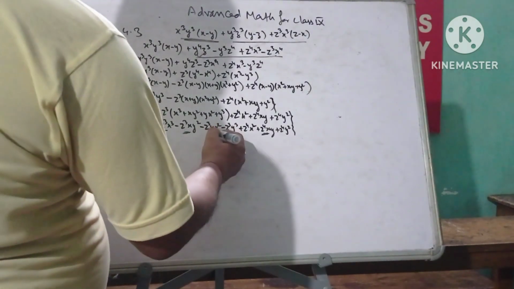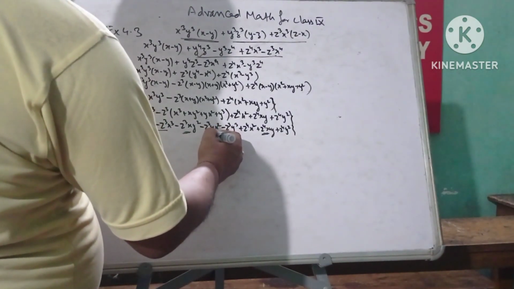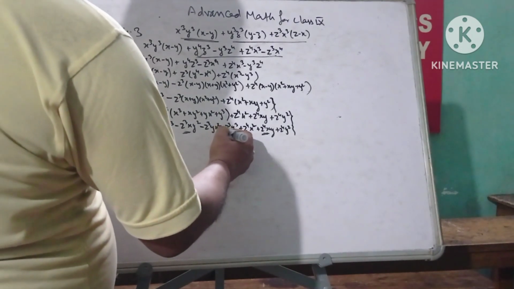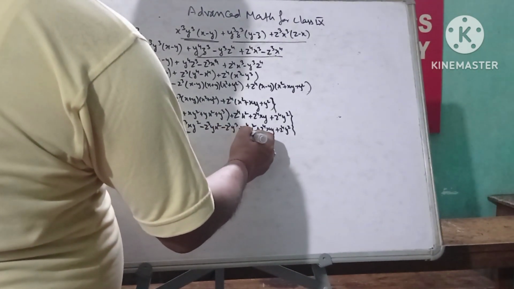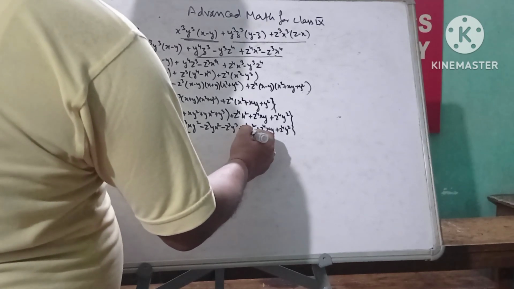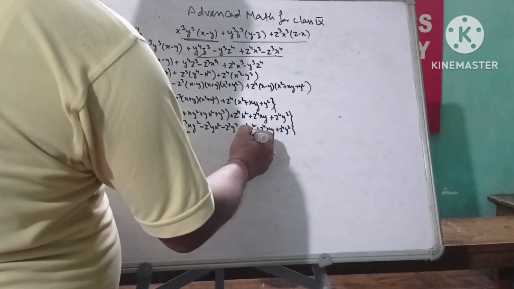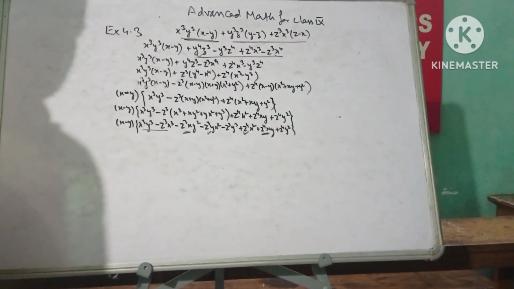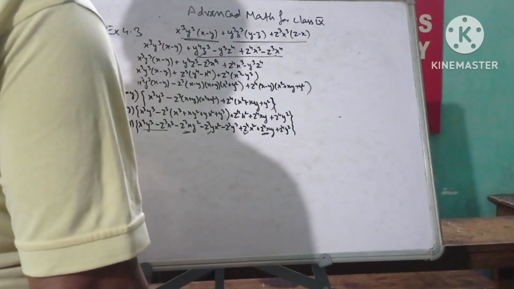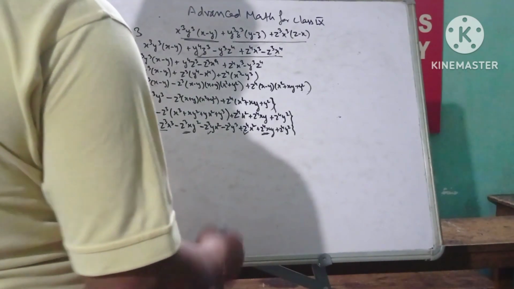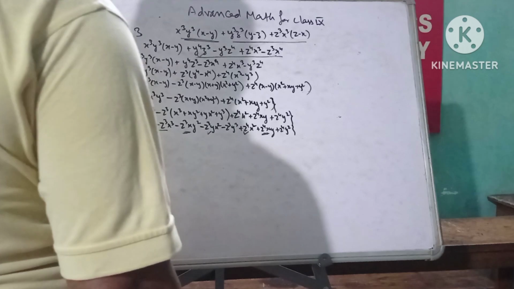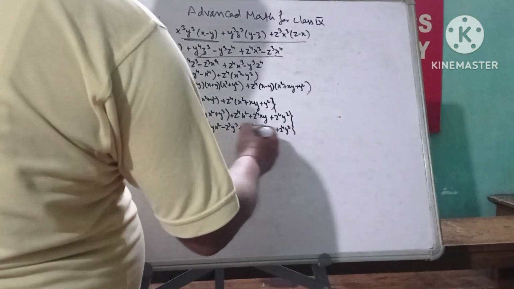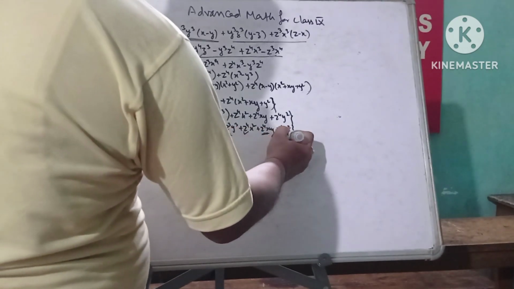And now again this z cube y, z cube, this, y minus z, y minus z, this and this will give you y minus z. And what is happening here, this means z^4 y^4 y square, and here from these two we will get y minus z, y minus z.